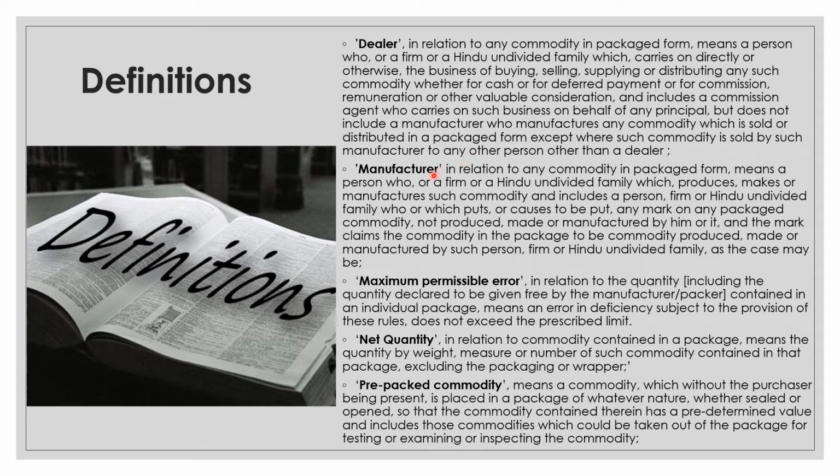The next definition, manufacturer, in relation to any commodity in packaged form, means a person, or a firm or Hindu undivided family, which produces, makes or manufactures such commodity, and includes a person who puts or causes to be put any mark on any packaged commodity not produced, made or manufactured by him, or claims the commodity in the package to be a commodity produced, made or manufactured by such person.